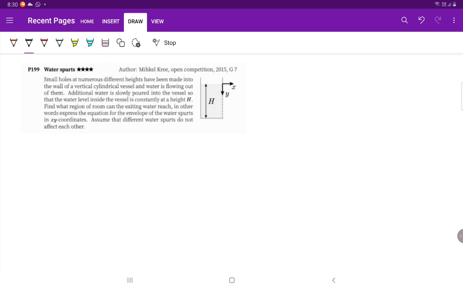So let's get started. Well, if you remember about finding the envelope trajectory of different parabolic trajectories, when we throw a ball, then the point from which the ball is thrown is the focus of the envelope, and the maximum height is the vertex of the parabola.